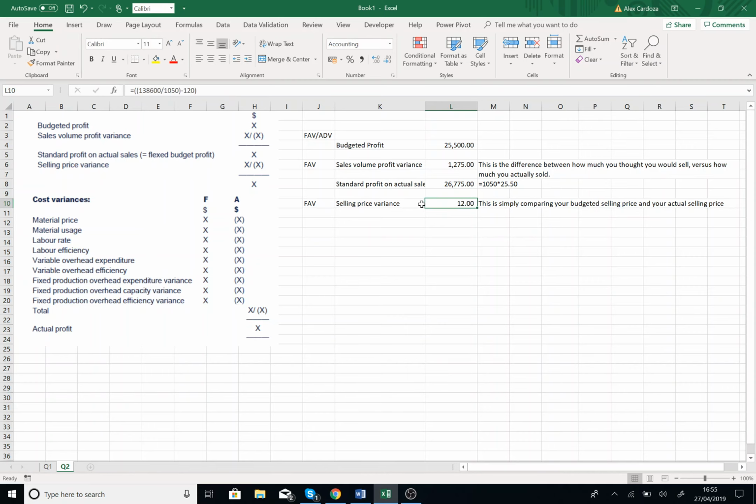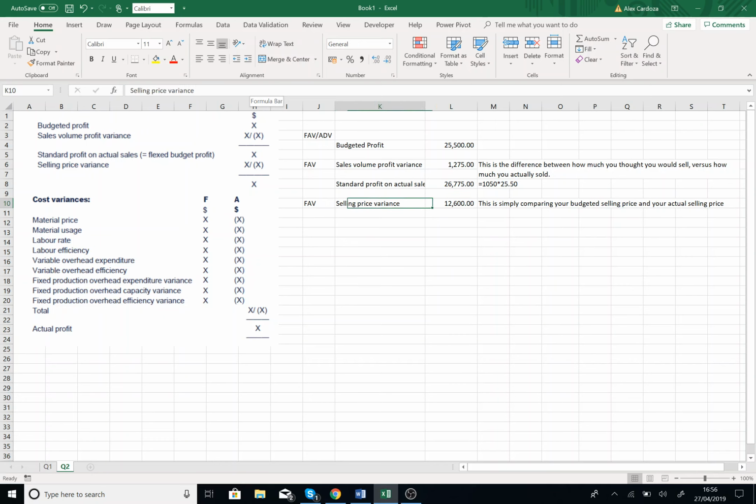It's a 12 difference, £12 per unit sold. Then you need to monetize it in terms of how many units you've actually sold. So that's 1050. Okay, 12,600. So we've made 12,600 more in total than we thought we would because we sold at a price of £12 higher.